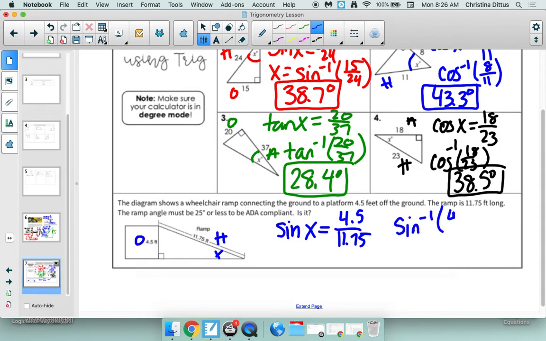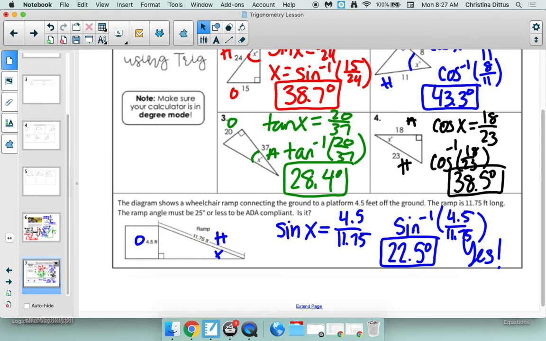So inverse sine of 4.5 over 11.75. 22.5 degrees. Just put that back in to make sure. If it has to be 25 degrees or less to be compliant, is it compliant? Yes.